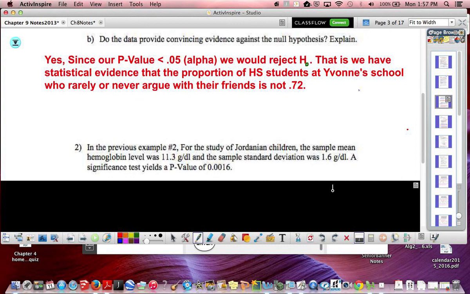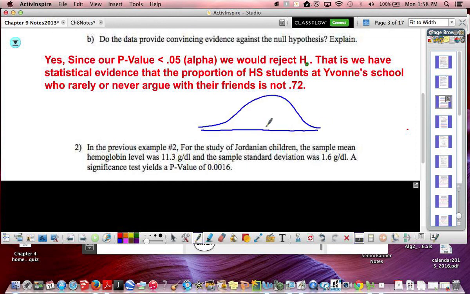All right, let's take a look at the second one here real quick. In the previous example, number 2, it says for a study of Jordanian children, the sample mean of hemoglobin level was 11.3 grams per deciliter, and the sample standard deviation was 1.6 grams per deciliter. A significance test yielded a p-value of 0.0016.